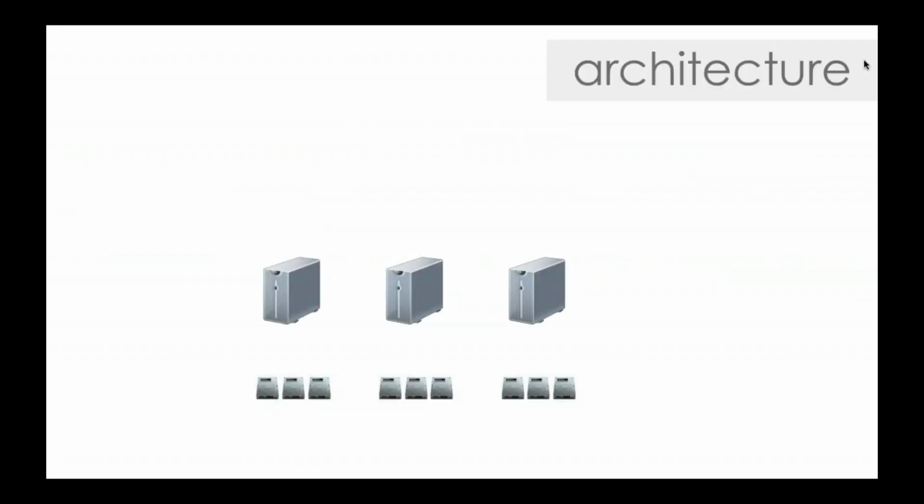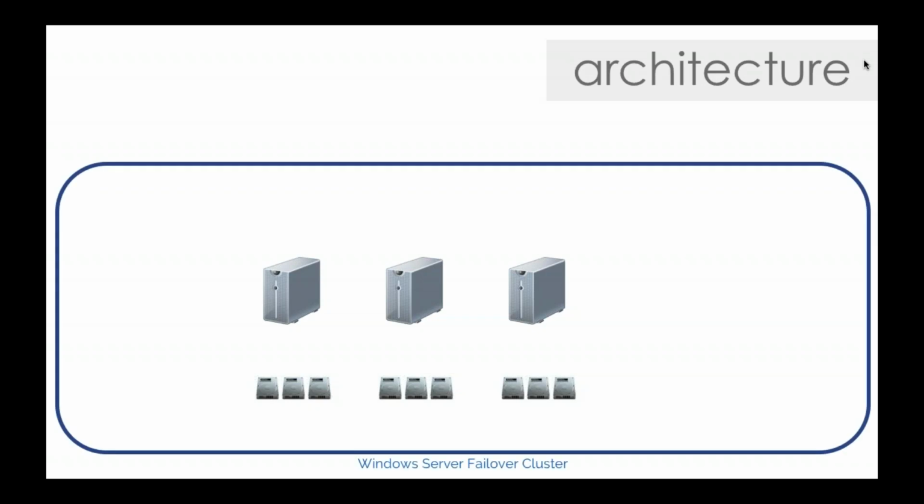Now, let's take a look at the underlying architecture that makes this possible. Like I said, these 3 machines could be your Lenovo servers, in my case, HVDL 380. Each one will have locally attached drives. You build a Windows Server failover cluster using these machines, because these machines have their own locally attached storage.